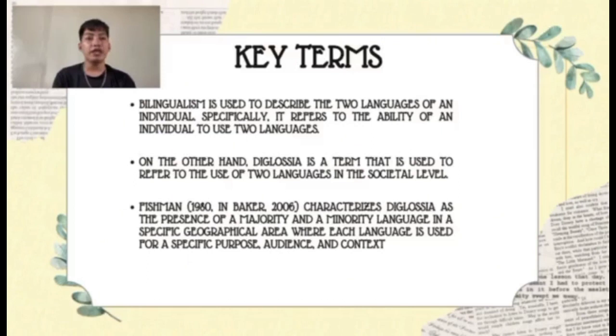The majority language is the language used by most of the population in a specific area or country, and the minority language is used by the smaller population in a country.